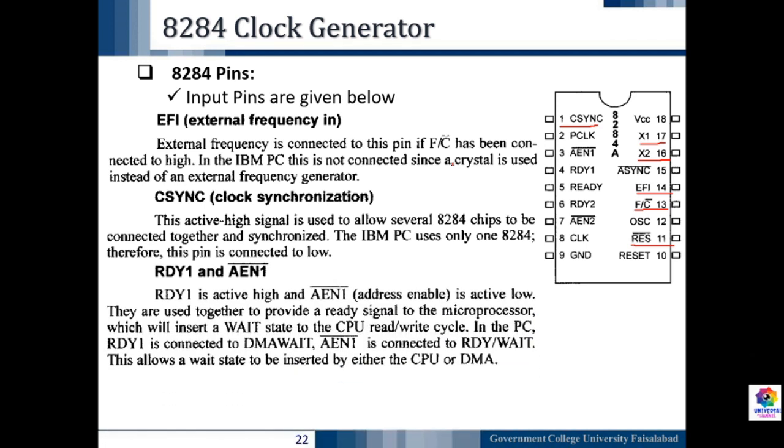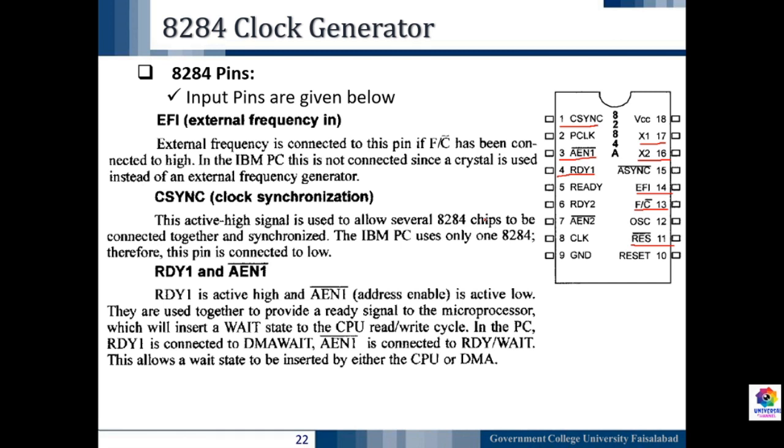The next two pins are RDY1 and AEN1 bar, which are ready 1 and address enable 1. This is a pair of two pins, pin number 3 and pin number 4. These two pins are used for the DMA controller, which is the direct memory access controller.